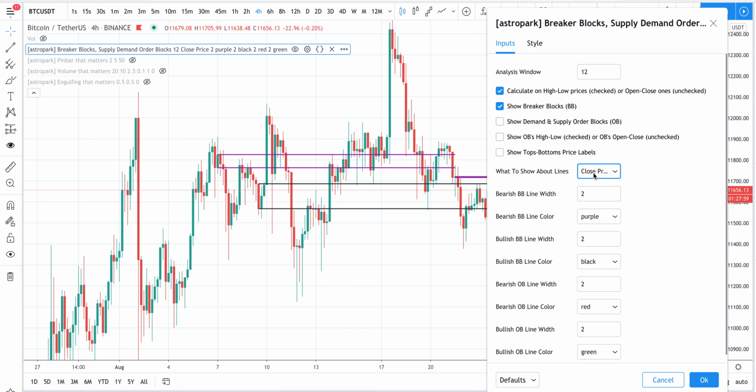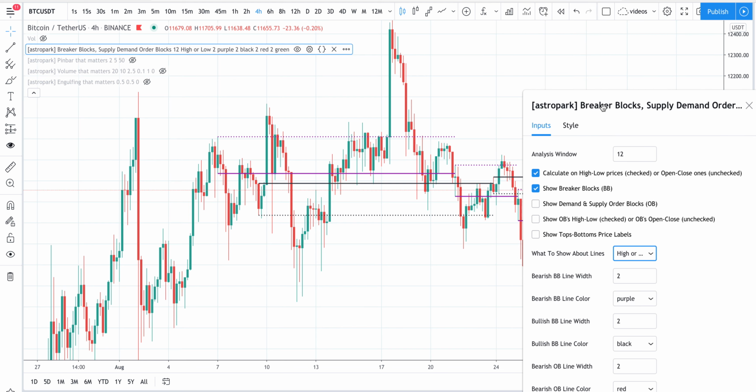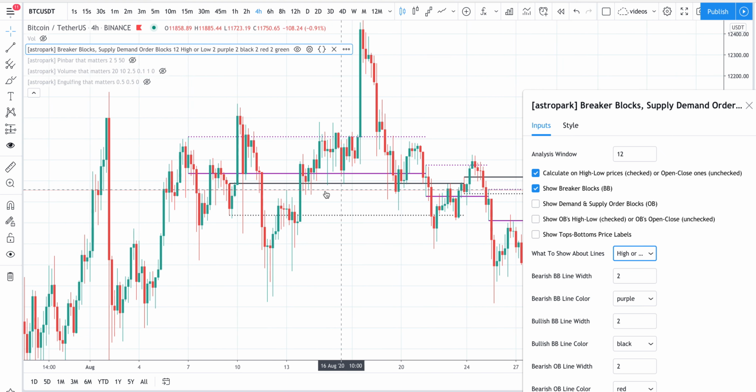Remember these changes. These only show the closing price, for example, of the breaker block. This is only the high low, for example. But for breaker blocks, okay, you see one in solid, another in dashed.